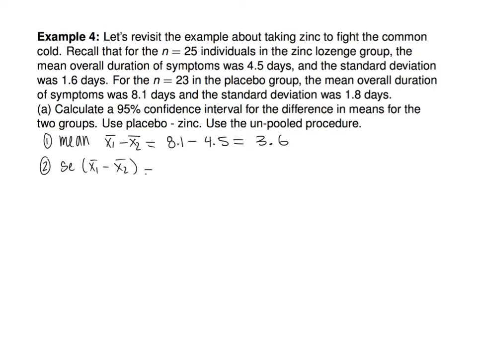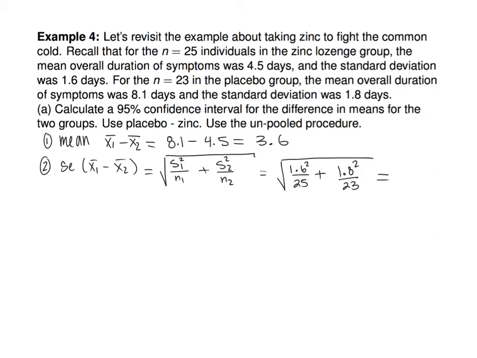Because we're using the unpooled procedure, the formula is the square root of s1 squared over n1 plus s2 squared over n2: 1.6 squared over 25 plus 1.8 squared over 23, which works out to be approximately 0.49.